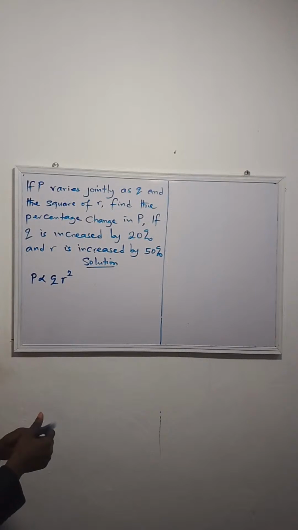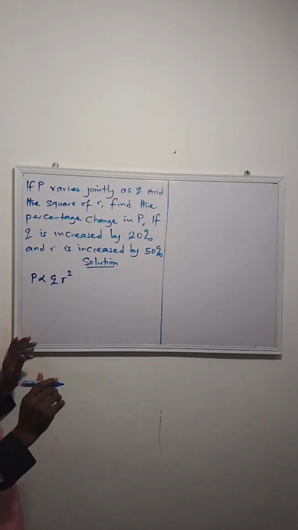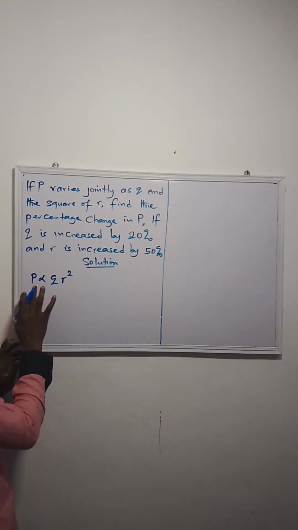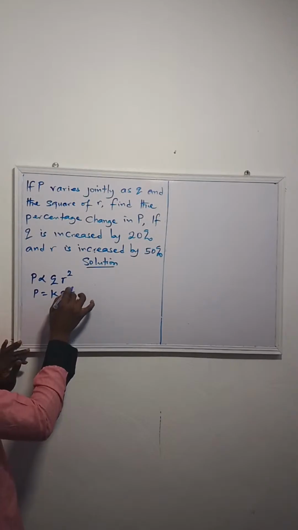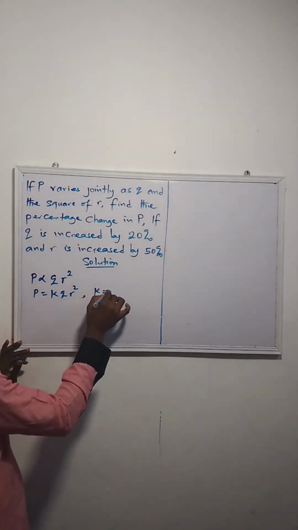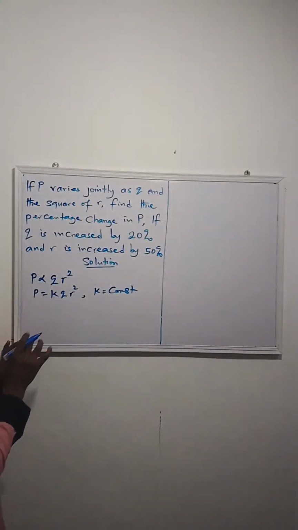So that means we have a new P, since P has been increased. Before we do that, let's write this: P will be KQR squared, where K is a constant.